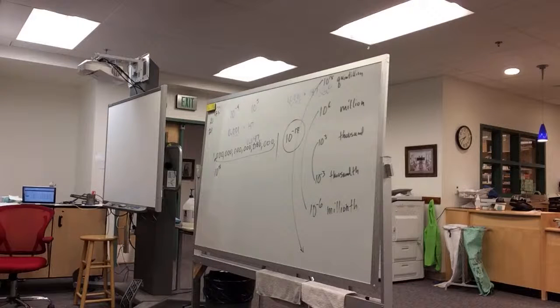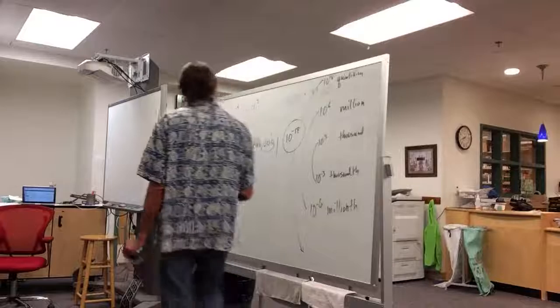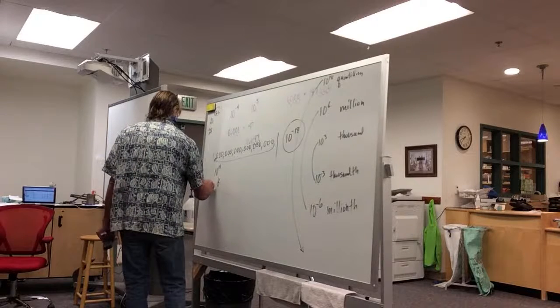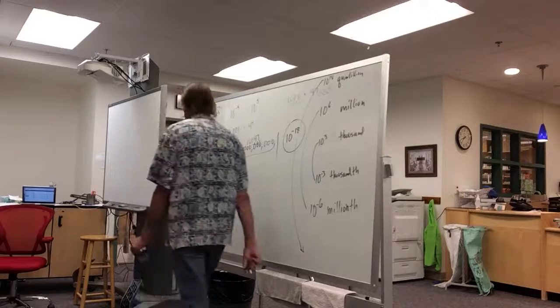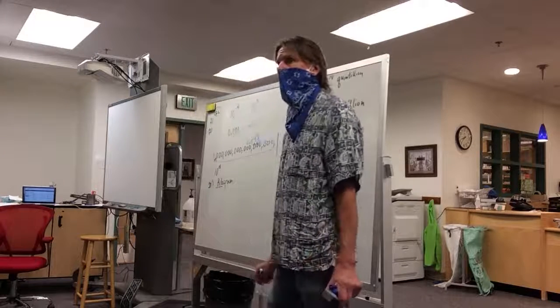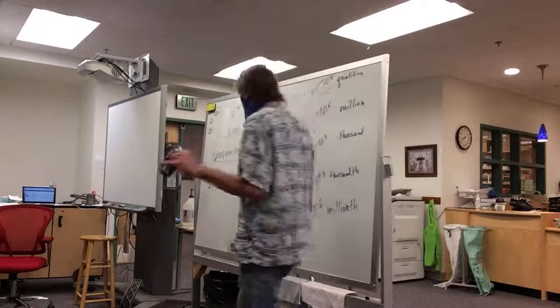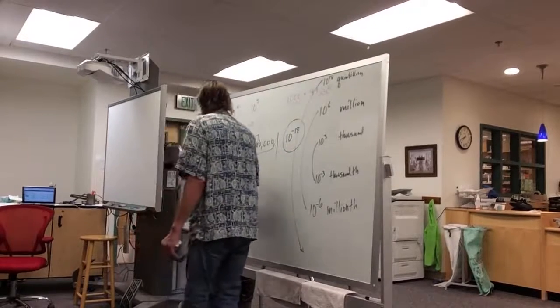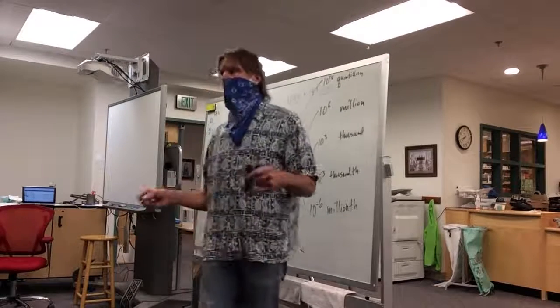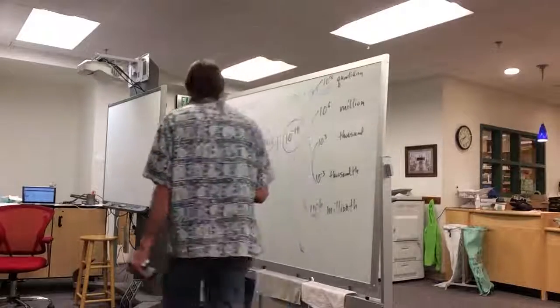If kilo is 1,000, centi is 100th, milli is 1,000th, explain the meaning of kilogram, centimeter, and milliliter. So what does kilo mean? 1,000. So if you just substituted the number 1,000 and said 1,000 grams, that would be the same as a kilogram. And then what is the next one?